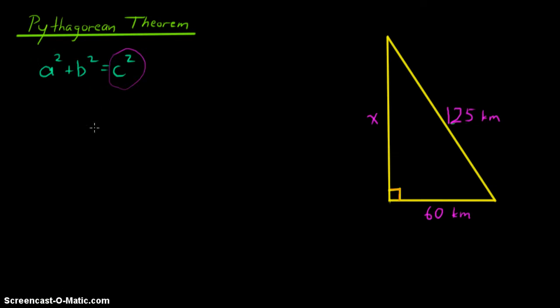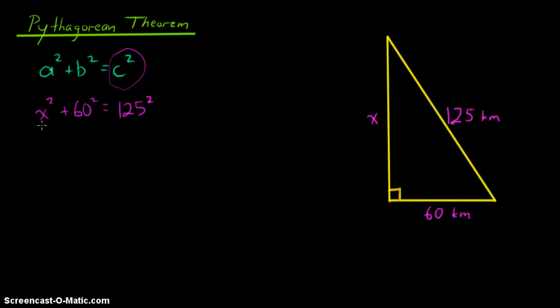Okay, so let's plug these in. We're going to turn A squared into X squared plus 60 squared equals 125 squared. So notice I've taken that longest side, the hypotenuse, and I've plugged that in where C would be. Alright, so we've subbed everything in here, and we notice that X squared is over here on the left along with the 60 squared.